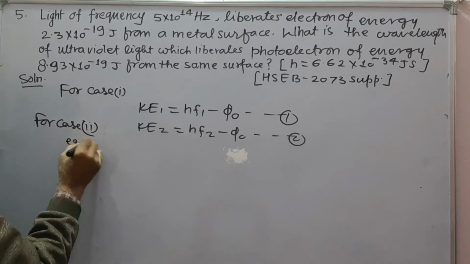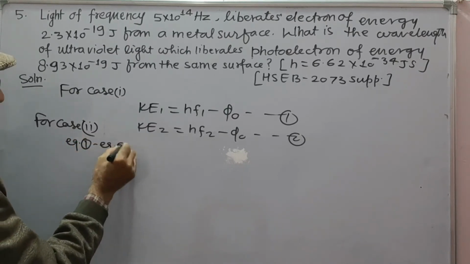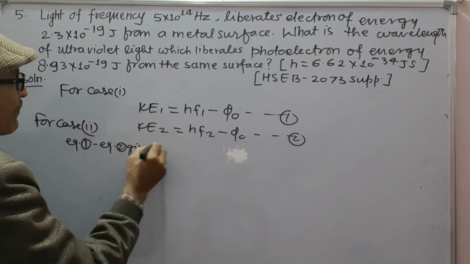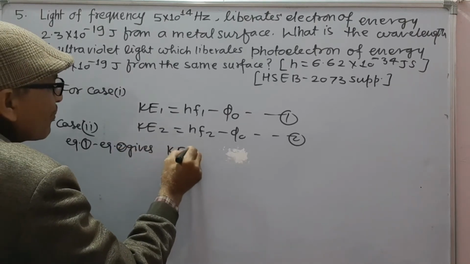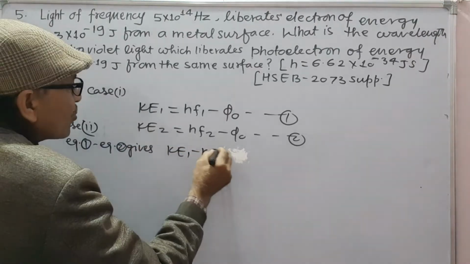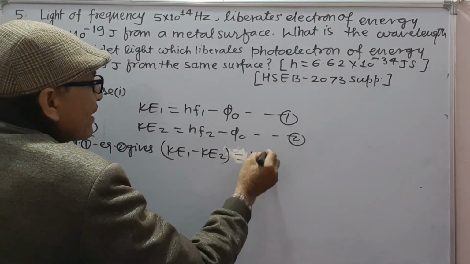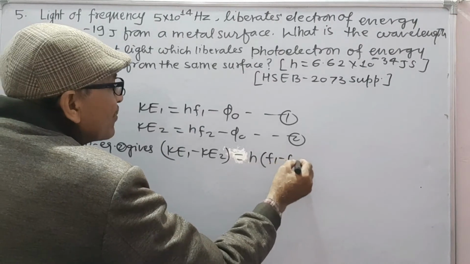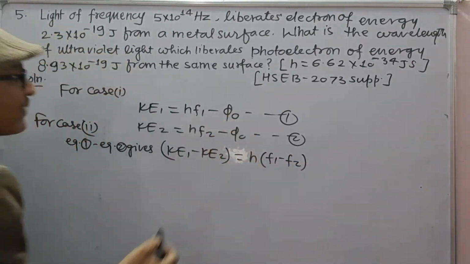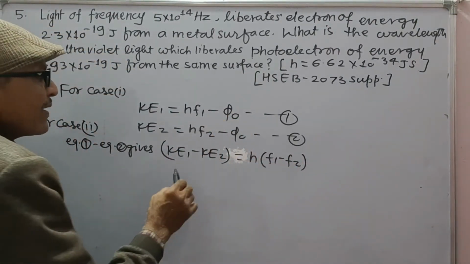Equation 1 minus equation 2 gives KE1 minus KE2 equal to h times (f1 minus f2), as phi naught gets cancelled.